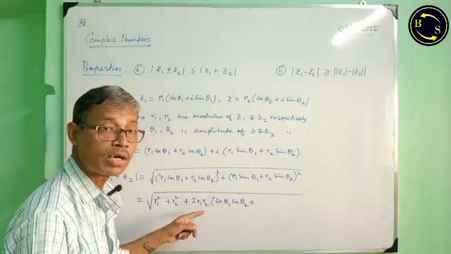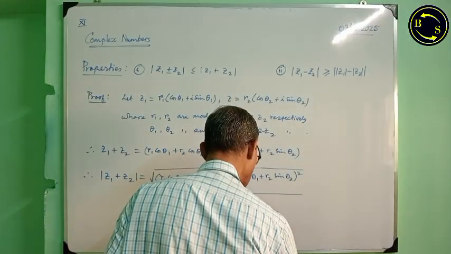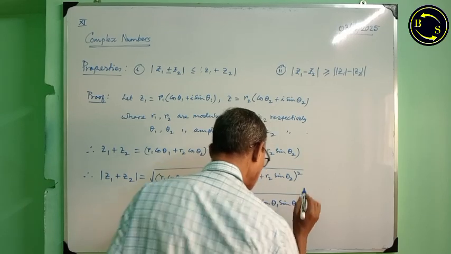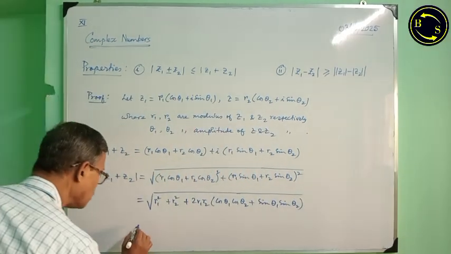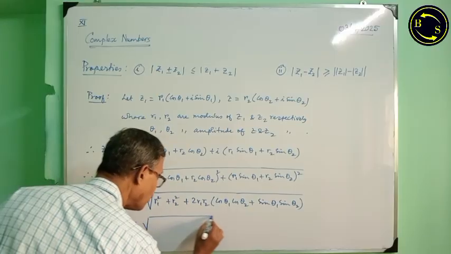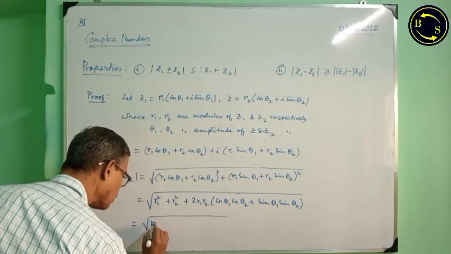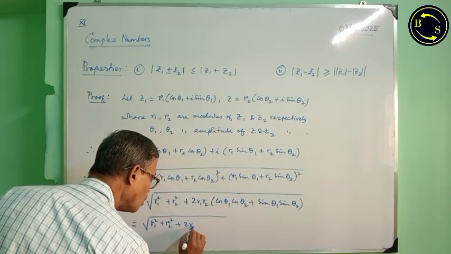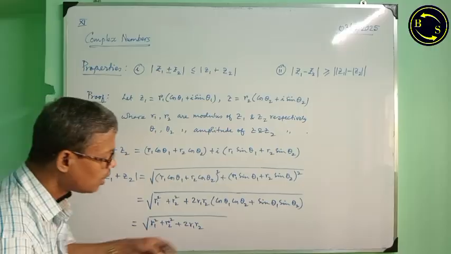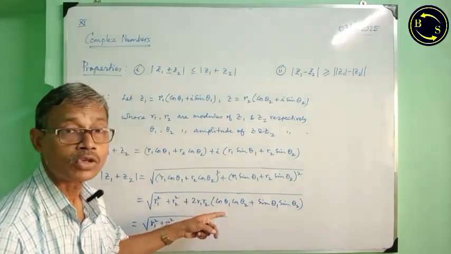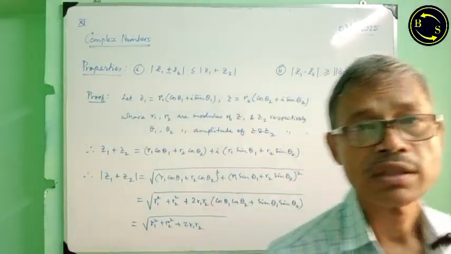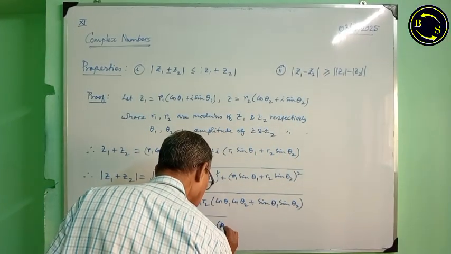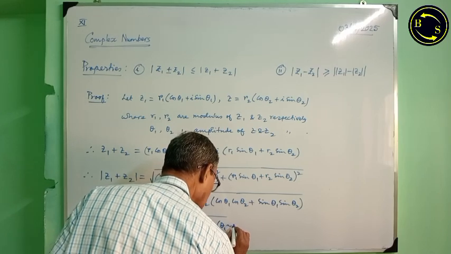I have taken 2 r1 r2 common, therefore, finally, r1 square plus r2 square plus 2 r1 r2. Now this is of the form cos alpha cos beta plus sin alpha sin beta, that means cos of alpha minus beta. There it will be cos of theta 1 minus theta 2.